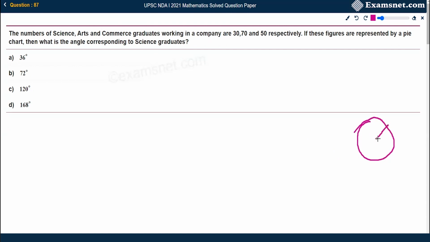Let's say there is some information, so we can represent it this way. There are various portions representing various information. Now, how can we find the value in a pie chart?